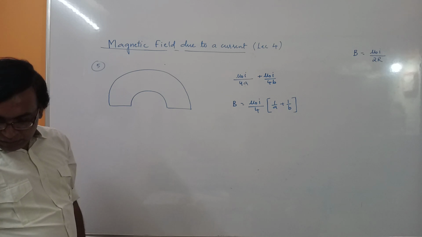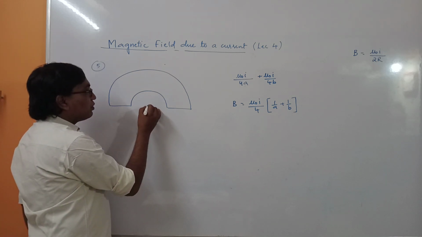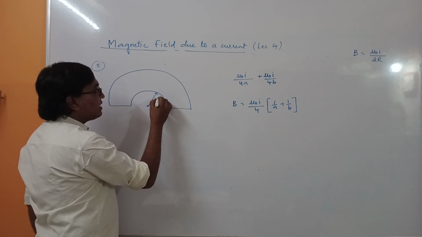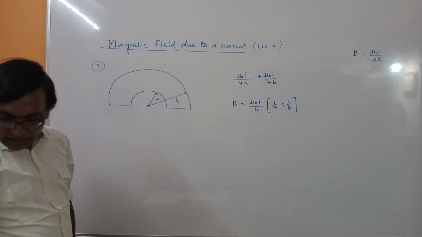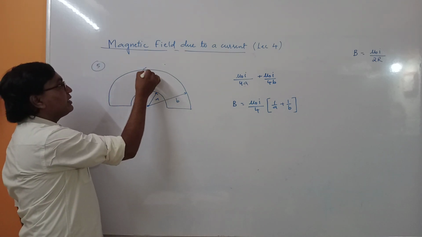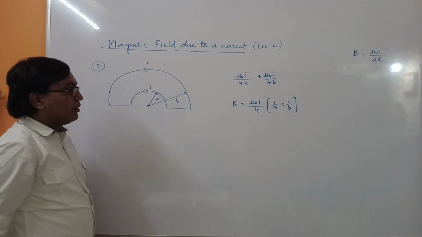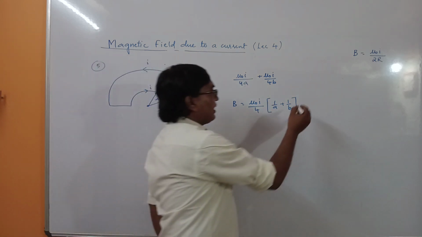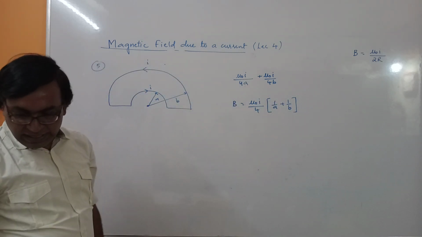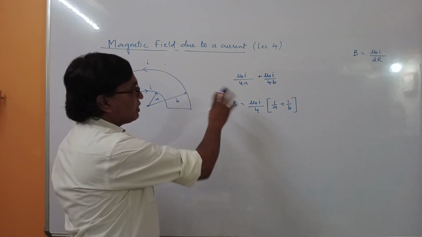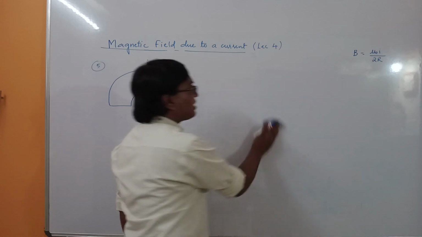Okay, so again semicircular, A and B. This radius is A and this radius is B. And current is flowing in the loop like this. So just take the direction, whatever direction we got earlier. Earlier the direction was inside the board. So I just rub it because directions are important.